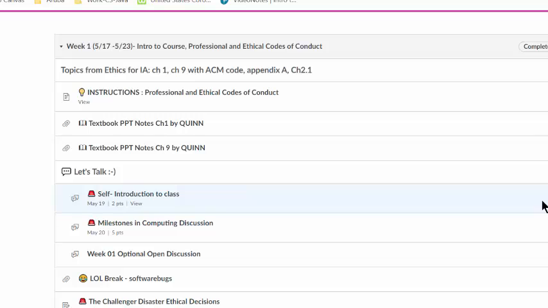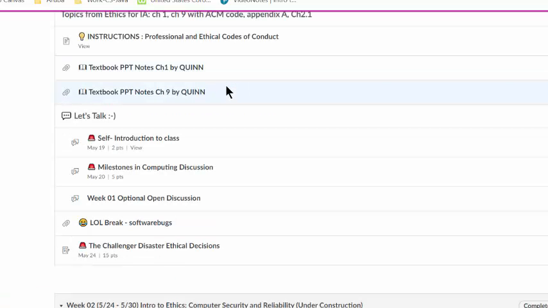So Chapter 1 of the Ethics for Information Age walks us through the history of information technology pretty quickly, and then in Chapter 9 we take a look at the ACM Code of Ethics and some significant challenges and cases that have caused ethical dilemmas. And the one we will target for our first debate will be the Challenger disaster. The textbook PowerPoint notes are posted.